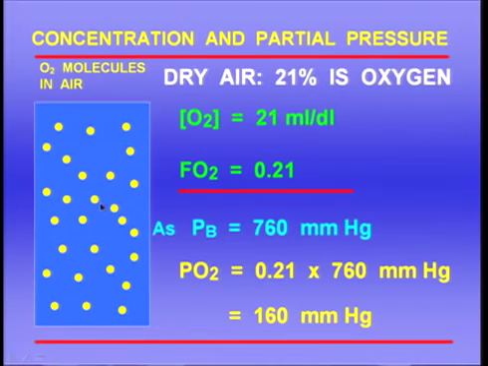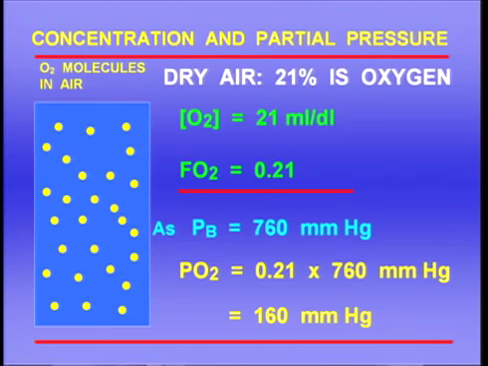And I'm going to start by looking at some of the important concepts having to do with the gases, the concentrations, partial pressures, and so on. Here we have a sample of dry air at sea level, and the concentration of oxygen is 21%. That means that of all the molecules, 21% are oxygen molecules.